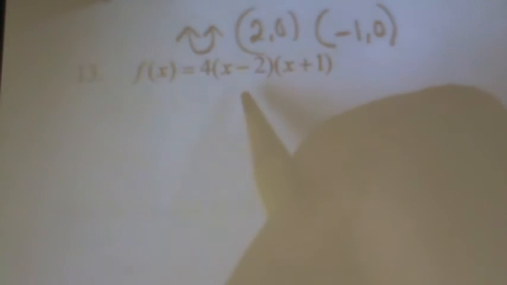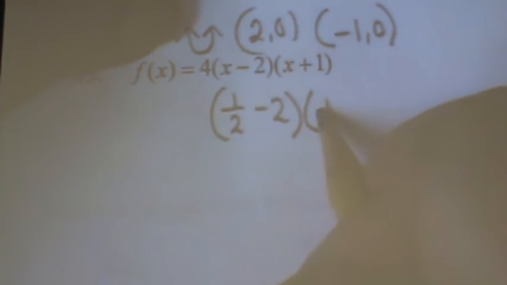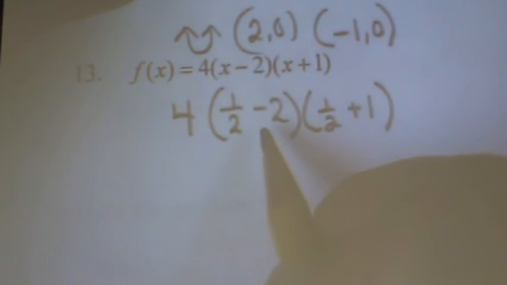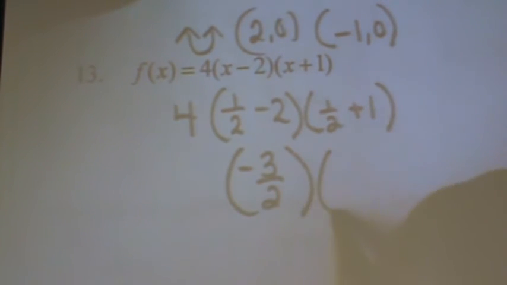So if 1/2 is your axis of symmetry, you're going to plug 1/2 in here, 1/2 minus 2, and then 1/2 plus 1, and multiply all that by 4. So this is going to be negative 3/2, and this is going to be 3/2.